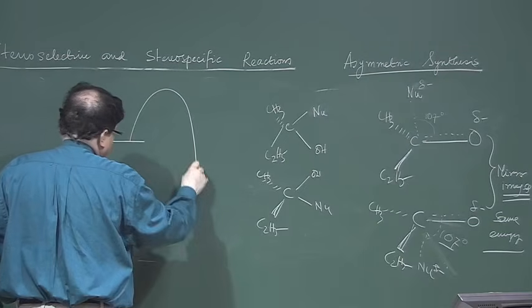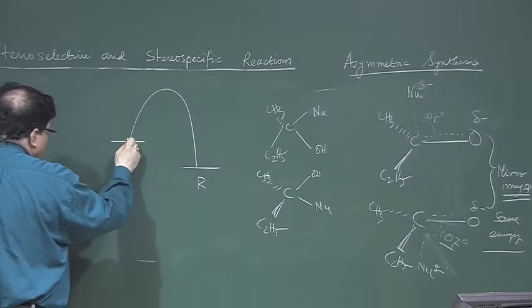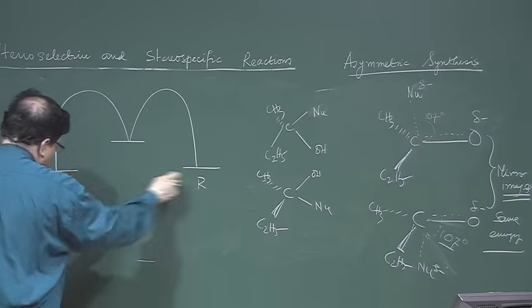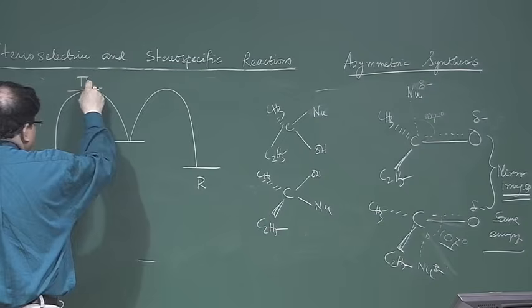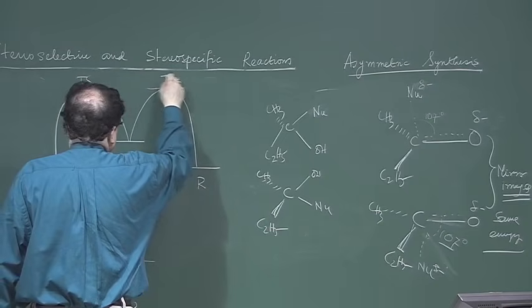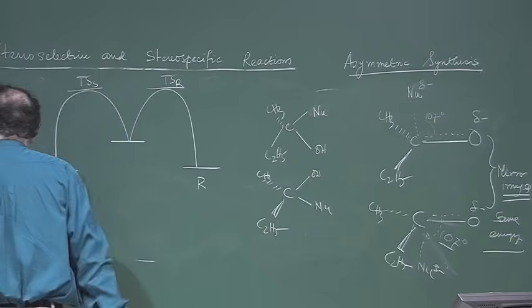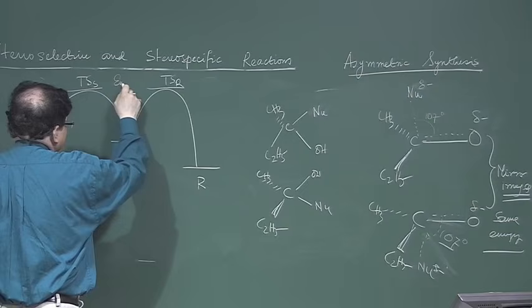Suppose this is the R compound and this is the S compound. Both S and R will have the same energy, but here the problem is the transition states: this is the transition state for R compound formation, and this is the transition state for S compound formation. These transition states are enantiomeric.